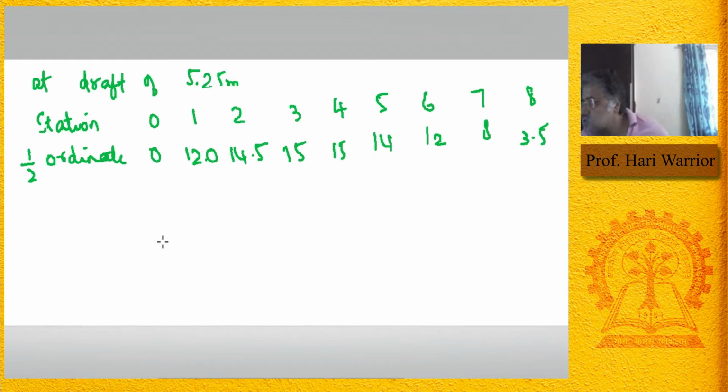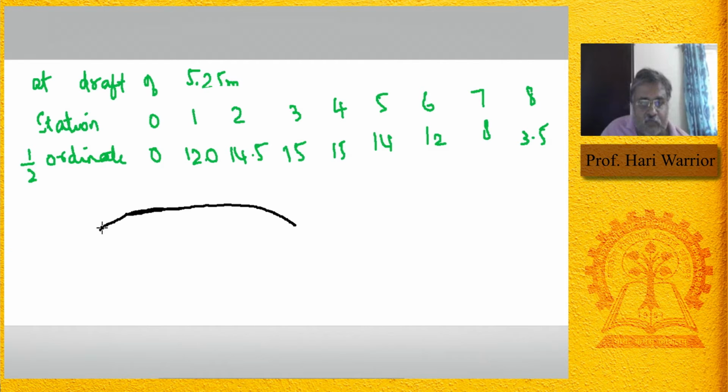The shape is looking like this. Here the half ordinate is 0, so it starts from 0.